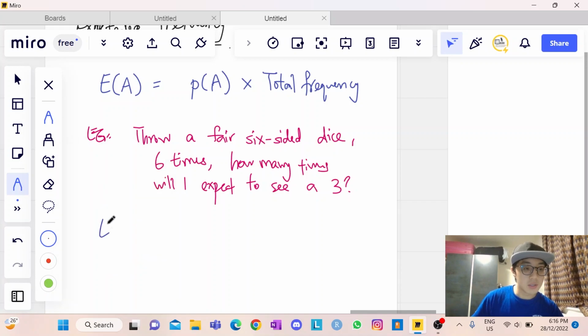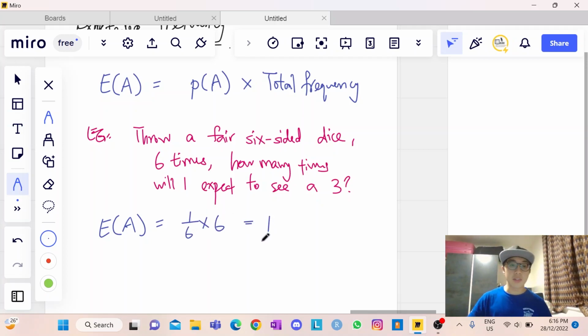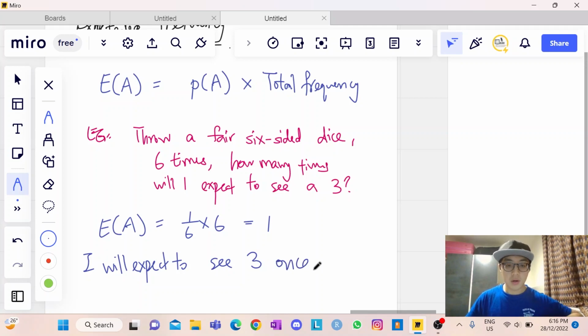Using the formula up there, it will be 1 over 6 multiplied by 6, which equals 1. And this means I will expect to see 3 once.